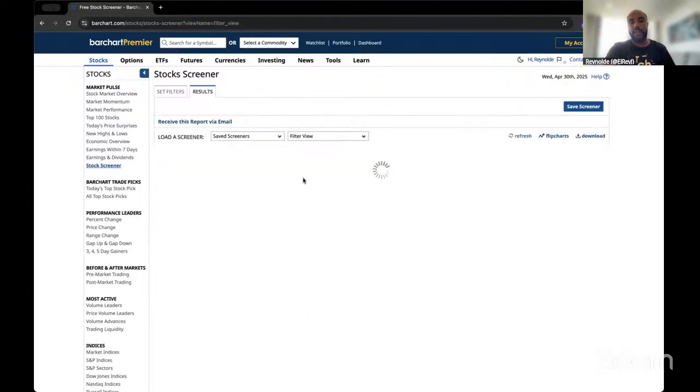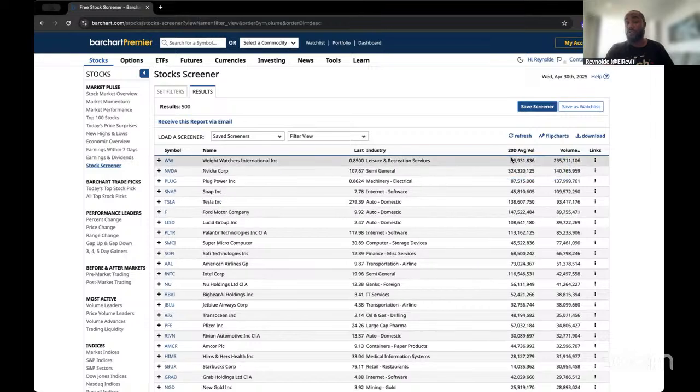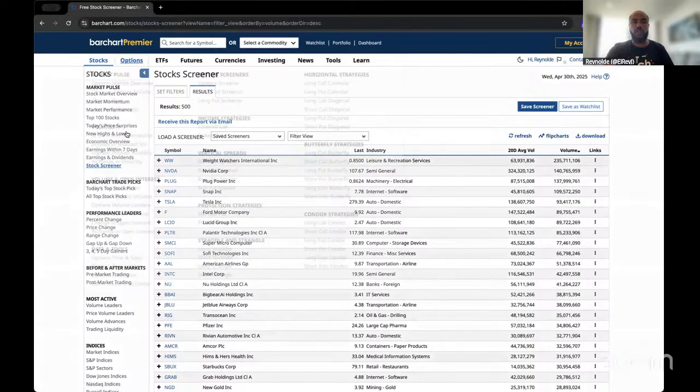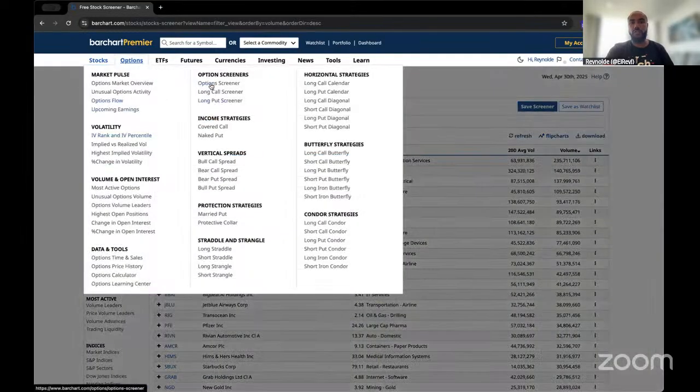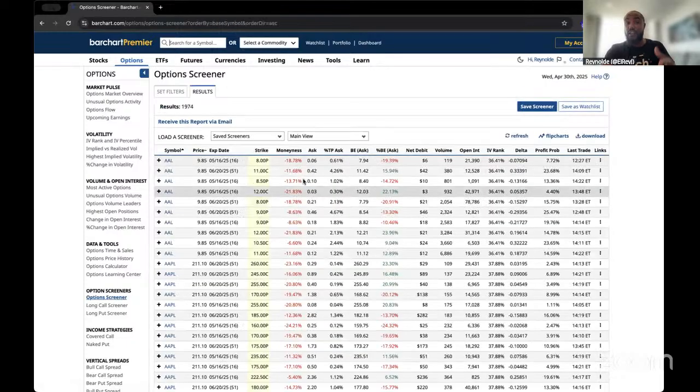You can pull that up and screen these particular names, and they'll come up as a filter here. We'll see that the highest volume is coming in these particular stocks. You can use these screeners to find different things that you're looking for. You can also use options screeners, so if you're looking for a particular options contract, you can use this to filter through whatever you need.